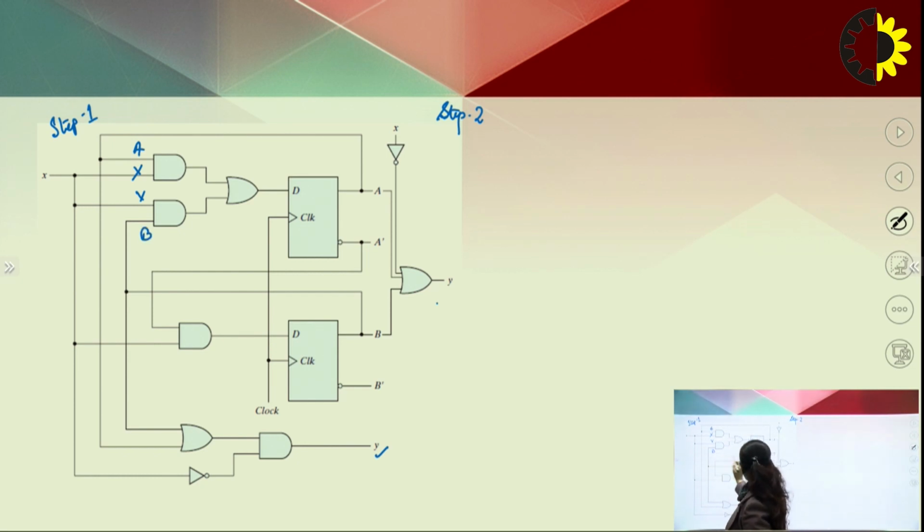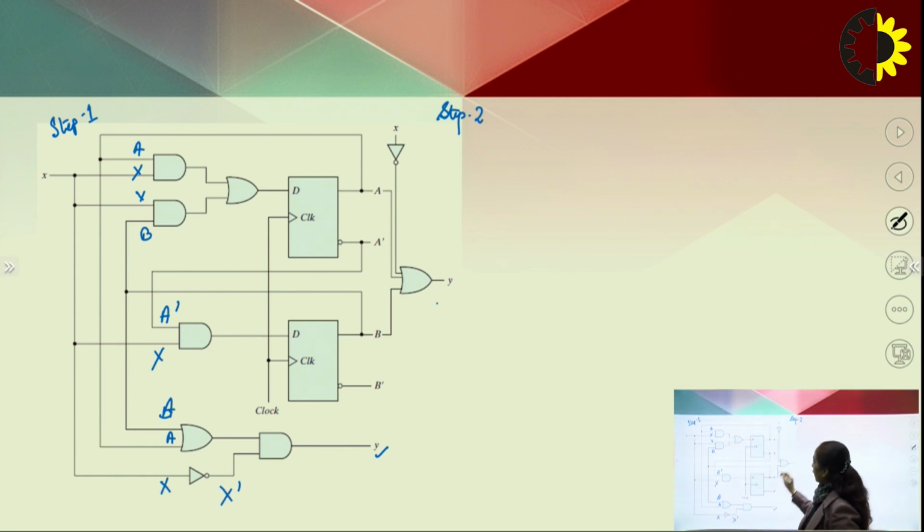And from this gate we are having A bar and X, and here I am having the A signal, and this is the A signal, and this is the B signal. This is the B signal, A signal, and here we have X and X bar.